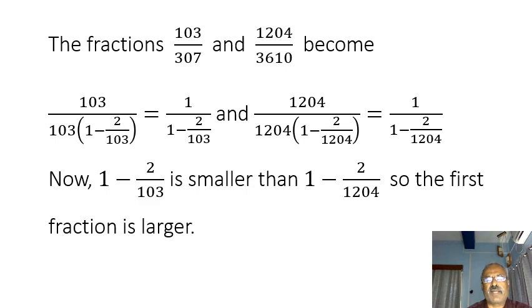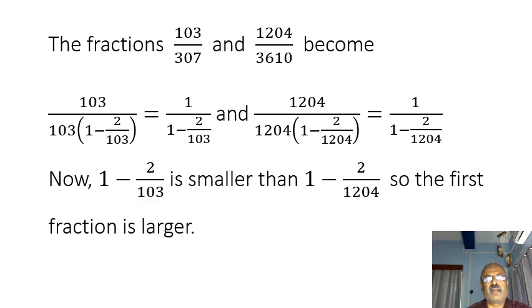So we are subtracting a smaller number when we are subtracting 2 upon 1204 from 1. So the number 1 minus 2 upon 103 is going to be smaller than 1 minus 2 upon 1204.